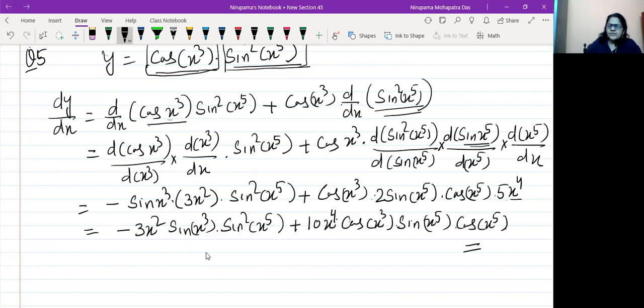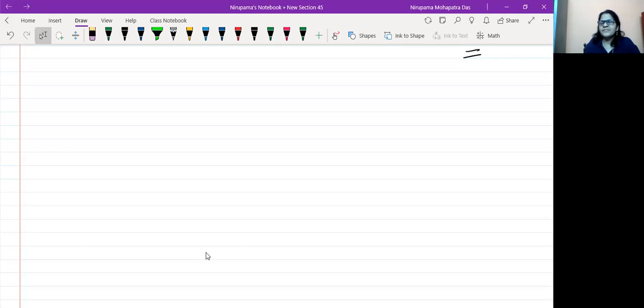So this is your dy by dx. It means even if you have the product rule, you can apply the product rule first, then next you can have the chain rule. Chain rule can come anywhere.